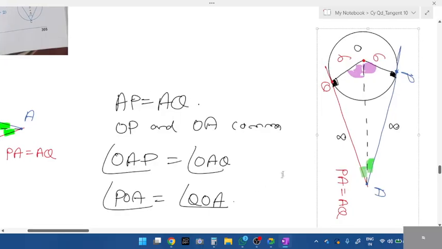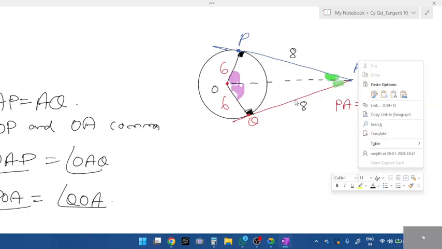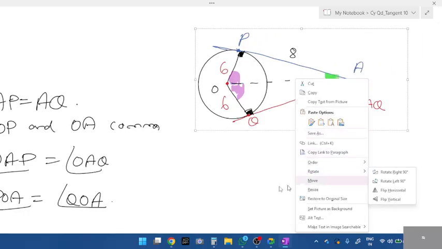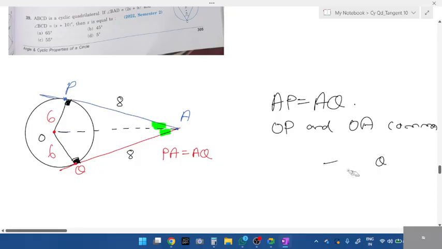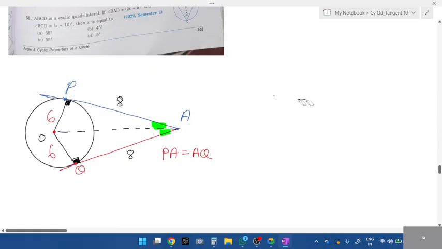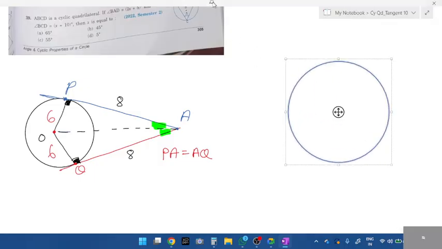Okay, now along with this, imagine this is the tangent, students.